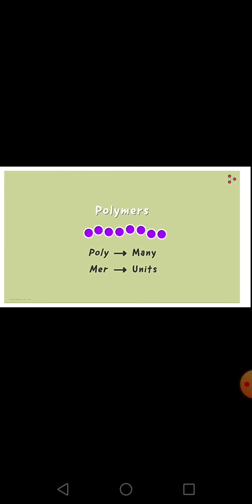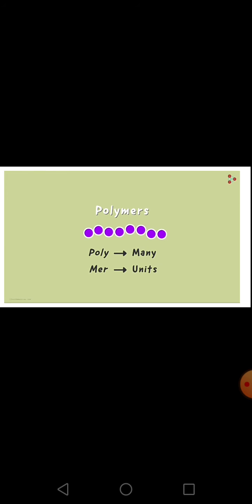In both pictures the same thing is repeating. In the first, paper clips are joined to one another, and in the second, in the chain, the beads are the repeating units. Such a long chain formed of a large number of smaller units is termed as a polymer.